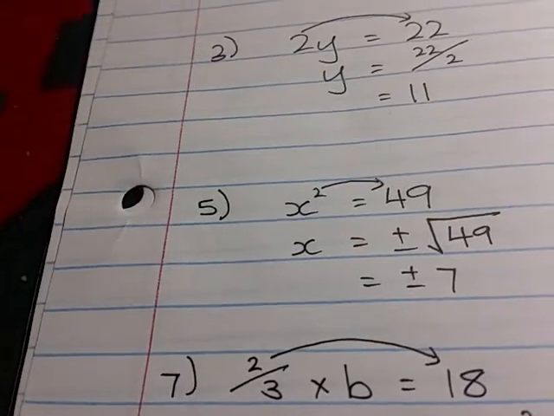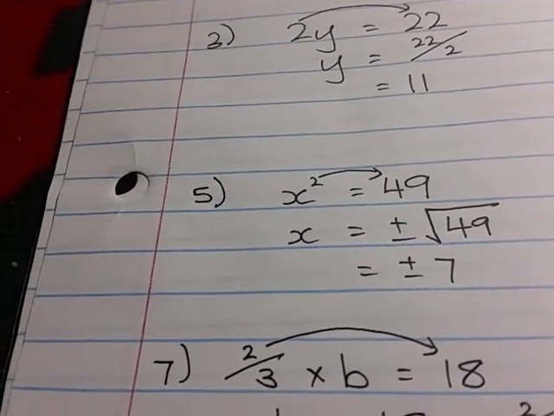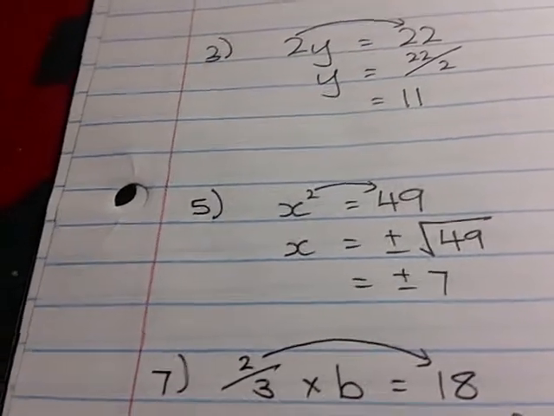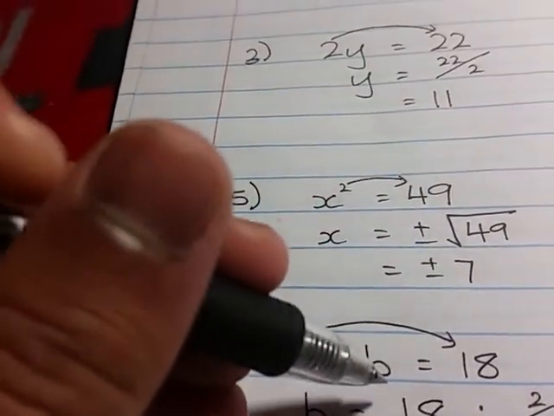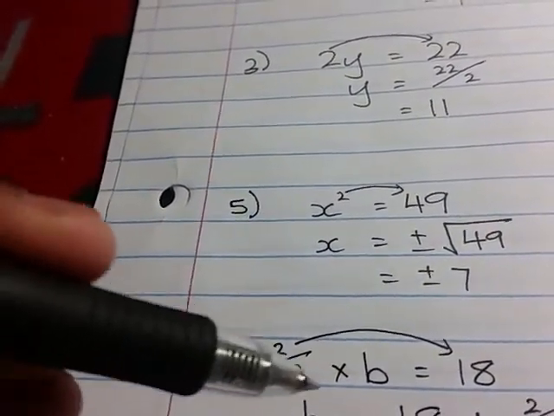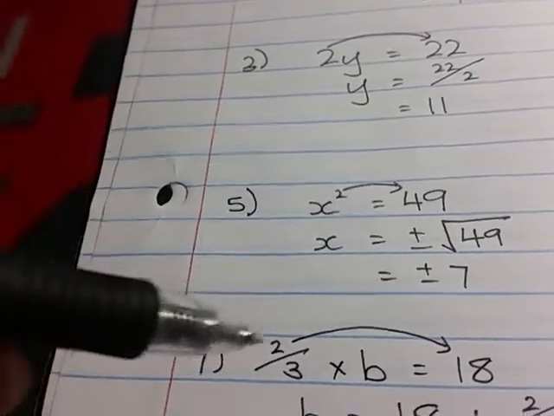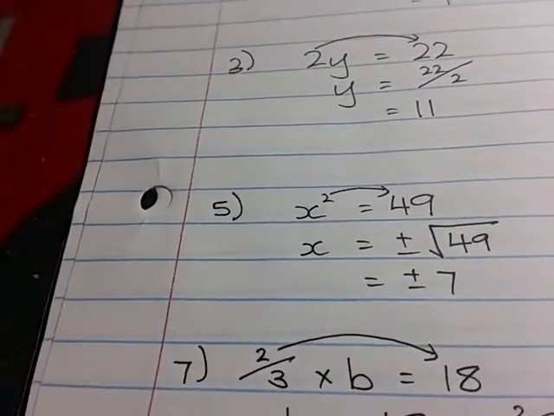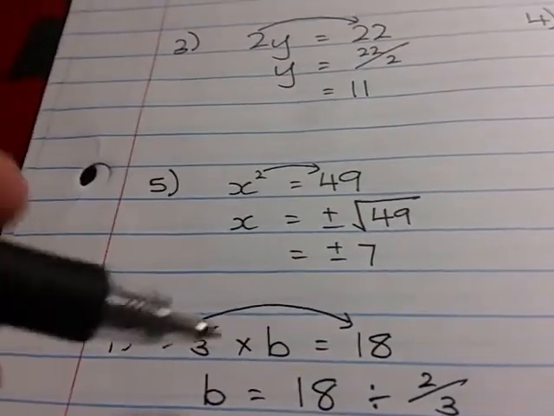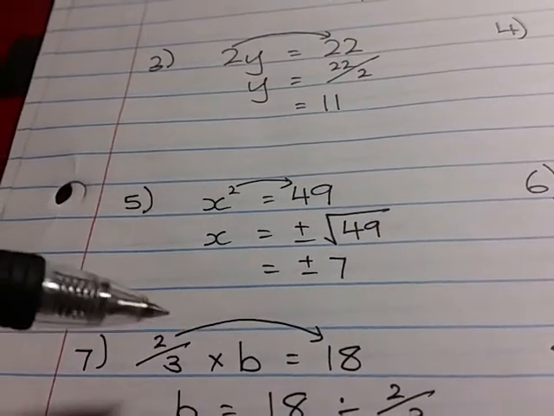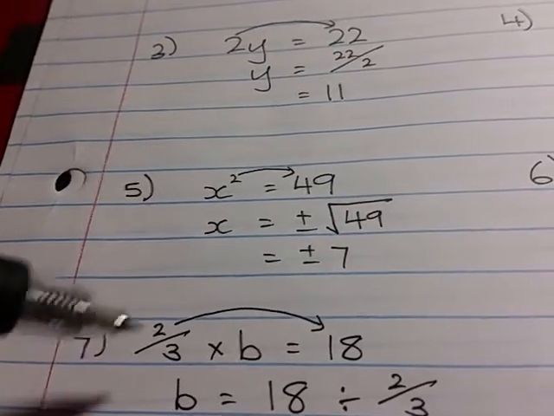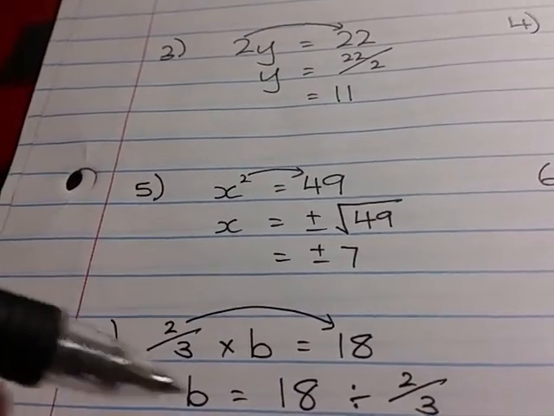Number 7, 2 over 3 times b equals 18. Keep that b over on the left hand side. That 2 over 3 is multiplying by the b. So when you move it over to the right hand side, the opposite of multiplication is division. Even though the multiplying sign is happening before the b, it's not always about what's before the thing that you're moving.